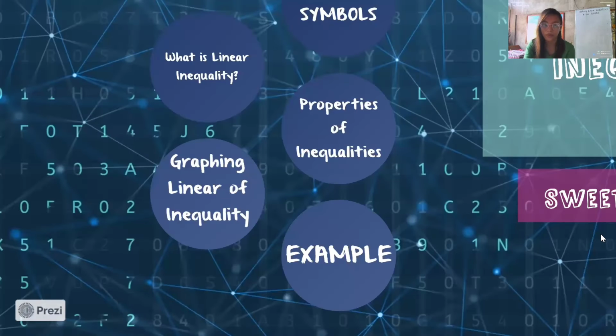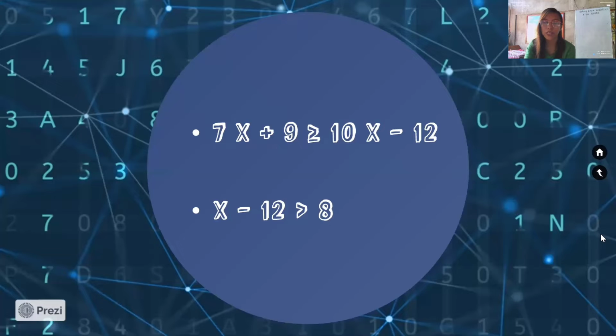Let's have an example: 7x plus 9 is greater than or equal to 10x minus 12.